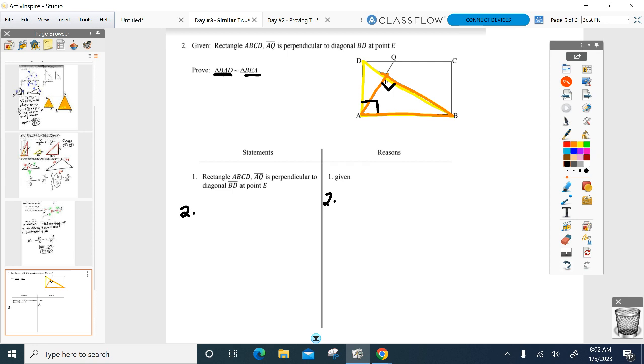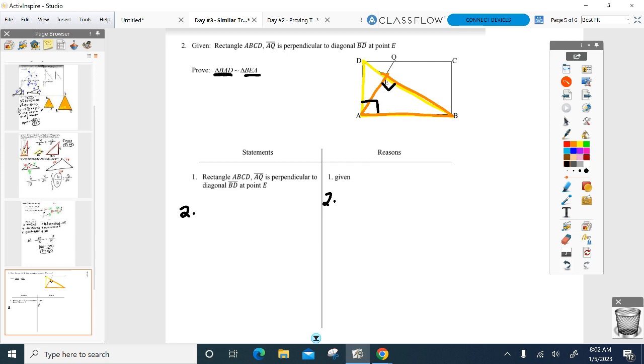Rectangles have right angles. Everyone good? Does everybody see the two right angles in each triangle? Now you have to tell me they're right angles first. And that's going to take two steps because they're right angles for different reasons.